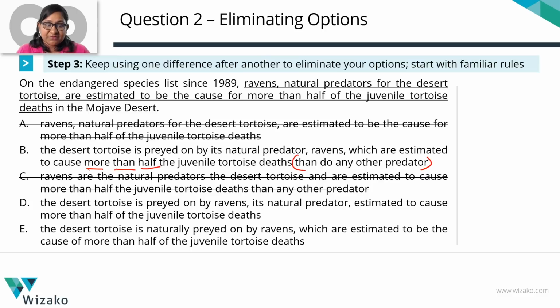You already have a than construction. We are not comparing ravens with other predators. That's not the intent of our sentence. The intent of our sentence is to say that the deaths caused by ravens constitute more than 50%. That's it. It's not a comparison with other predators. So having than any other predator in the sentence makes no logical sense whatsoever.